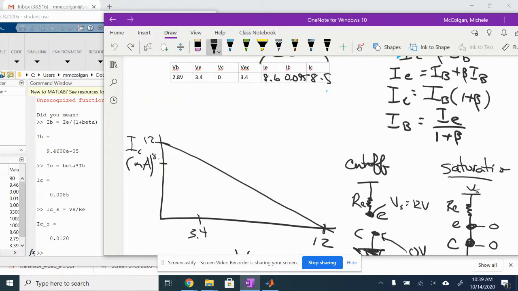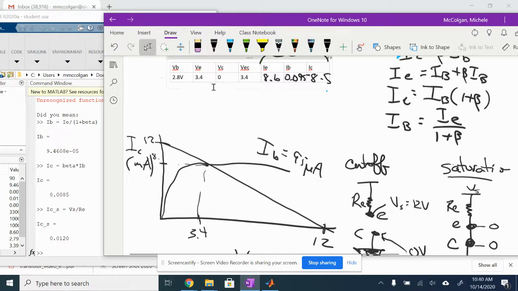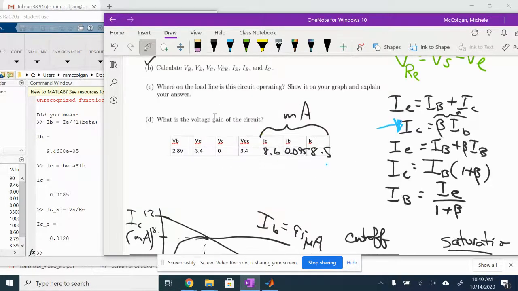We're going to say we're operating right here on the load line, and then we'll get that. So there's my IB is equal to 95 microamps. Okay, so we've completed that.